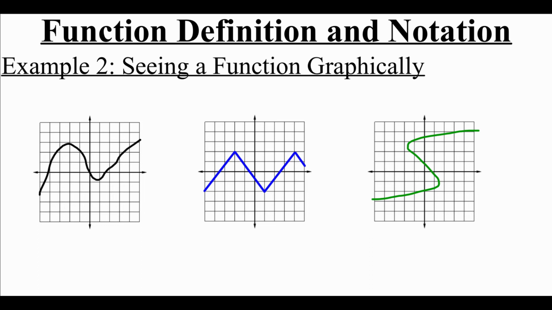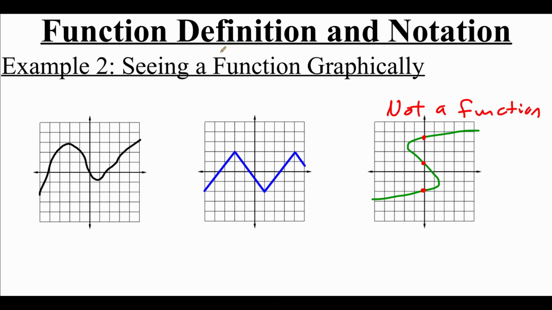So I'm looking at this graph on the far right hand side, and I want to look at the x value of 0. That's right along our y-axis here. And if we look at that x value of 0, there are actually 3 points on our graph that have an x value of 0. And that's going to be a bad thing, because this is saying that we've got the same x value being matched up with multiple different y values. So this one is not a function.